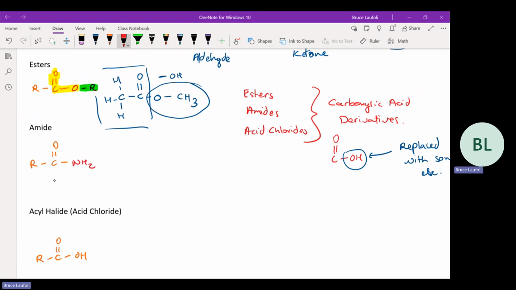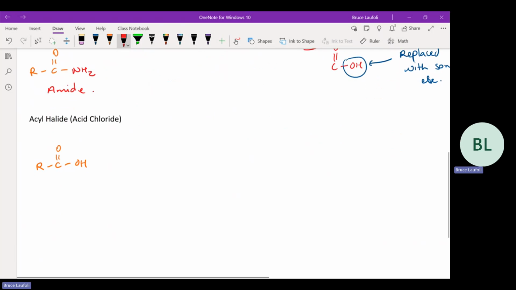What we get now is called an amide. And then over here, similarly, if we replace this with a chloride group, that's how we get this acid chloride group.